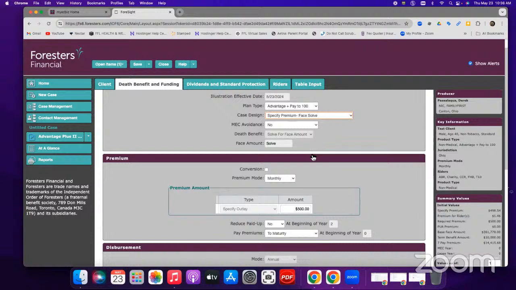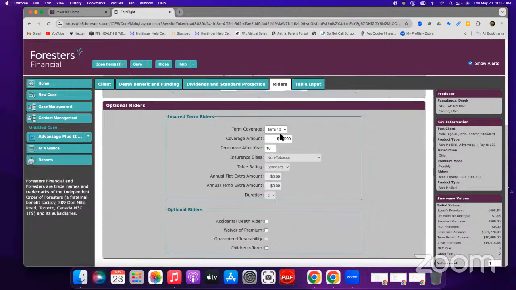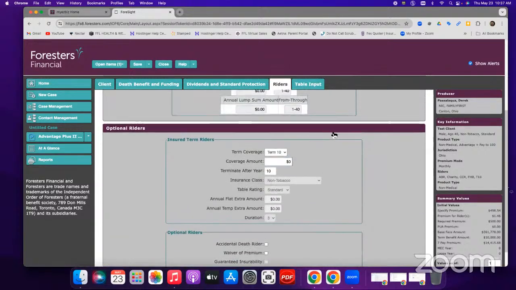Okay, so we're at 361. Oh, that's why. There's a term right here. I don't want any term insurance because we're doing just pure death benefit.